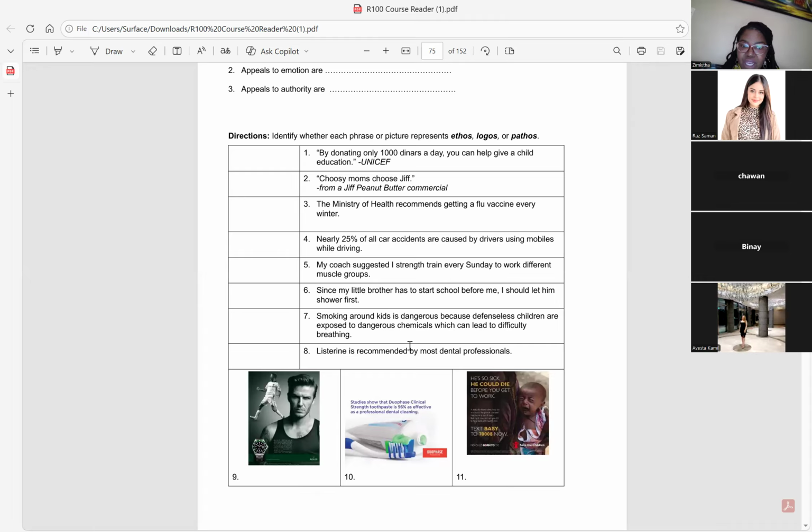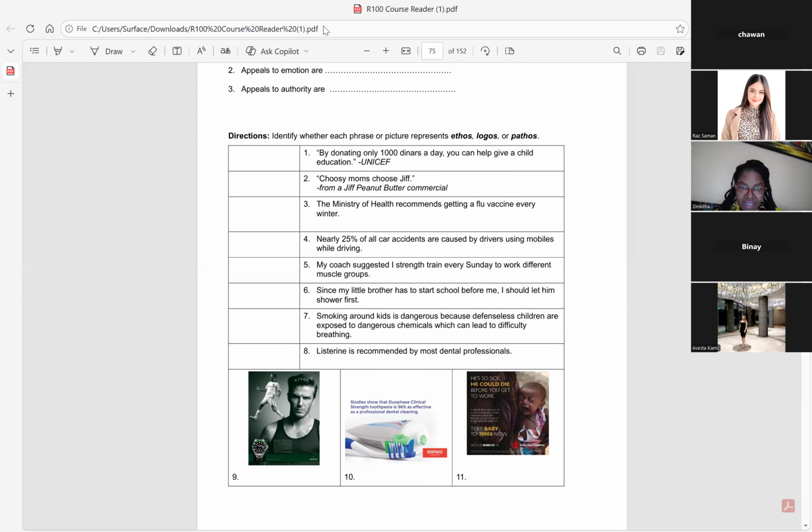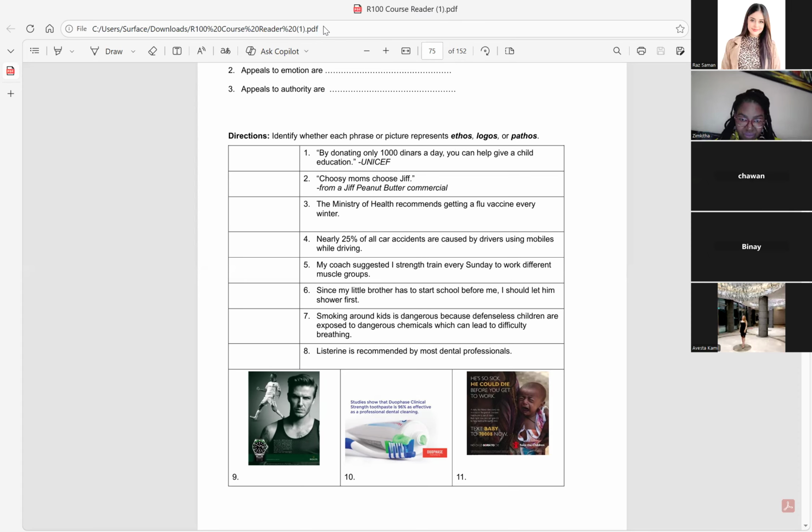Number 7: "Smoking around kids is dangerous because defenseless children are exposed to dangerous chemicals which can lead to difficult breathing." Pathos?